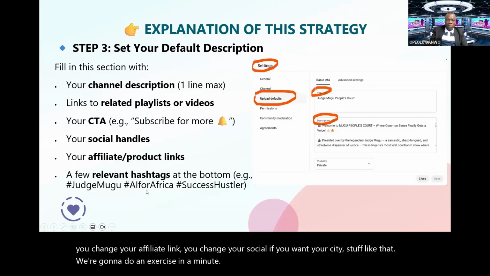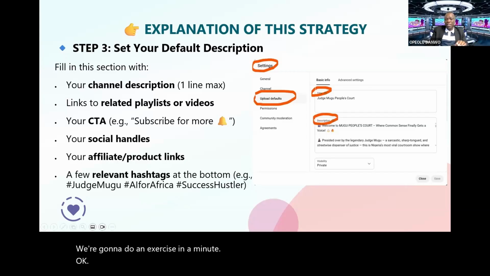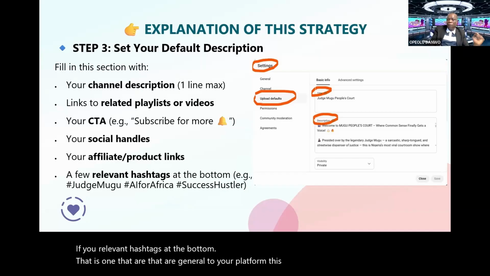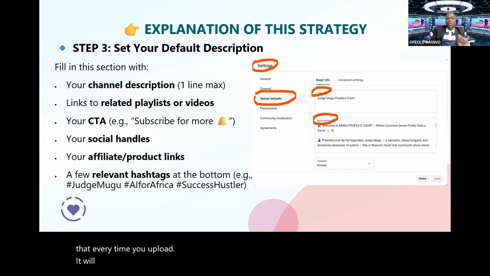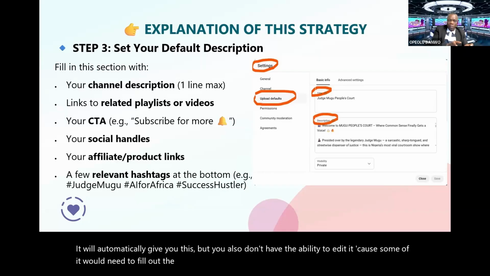A few relevant hashtags at the bottom, ones that are general to your platform. This is the default description, meaning that every time you upload, it will automatically give you this. But you also have the ability to edit it, because some of it will need you to fill out the information. You will just put in brackets affiliate links. You are the one that knows the affiliate links to put in there.